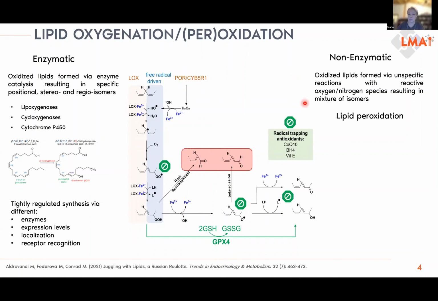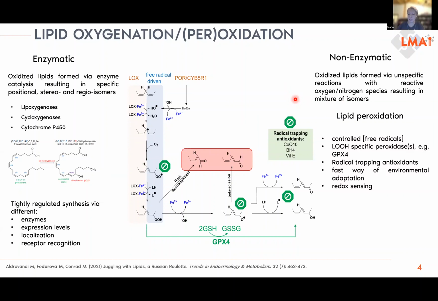So this lipid peroxidation, as much as it seems to be random and non-specific, in physiological conditions is still tightly regulated because we have a controlled concentration of free radicals in the cells. So those productions are usually governed also by different enzymes. And additionally, we have a very strong detoxification system present. If you want, you can call it a lipid quality control system on the level of lipid peroxidation.